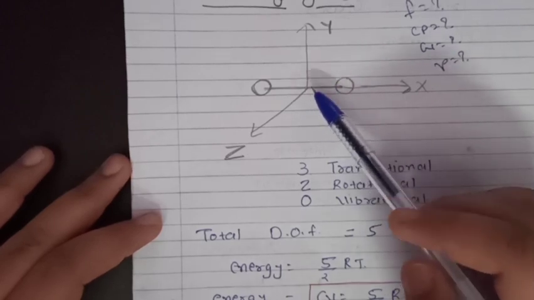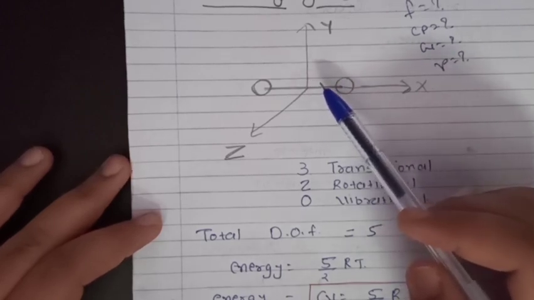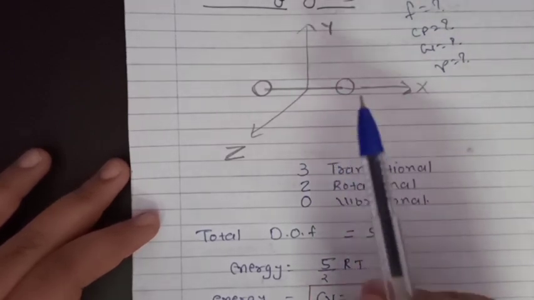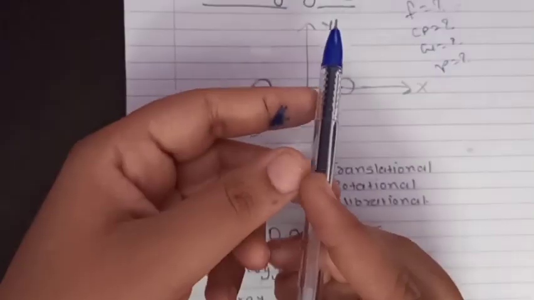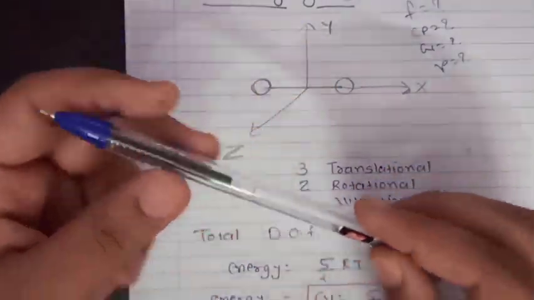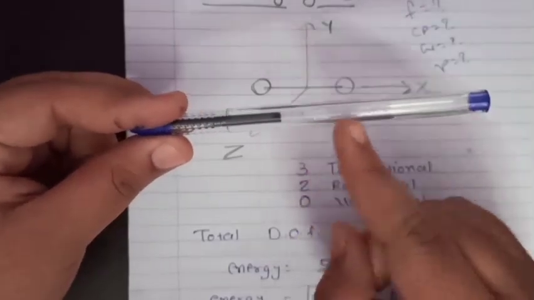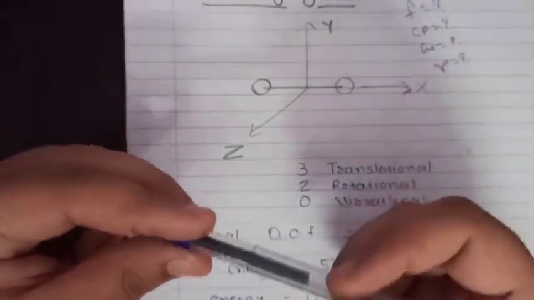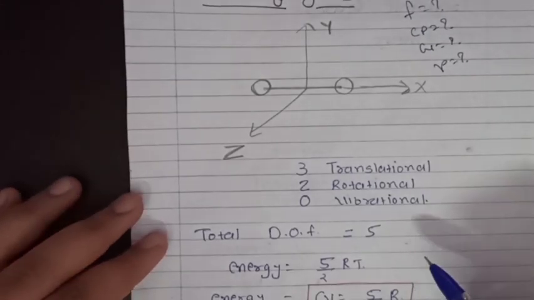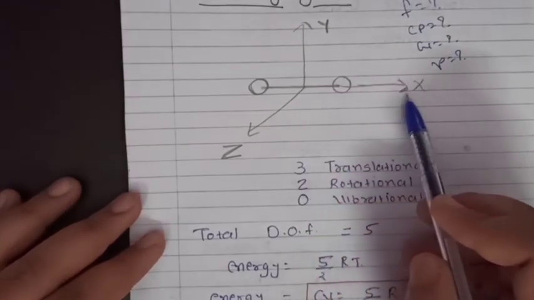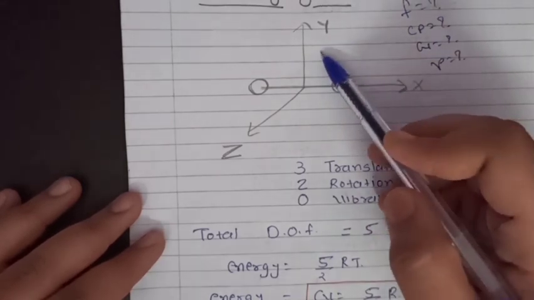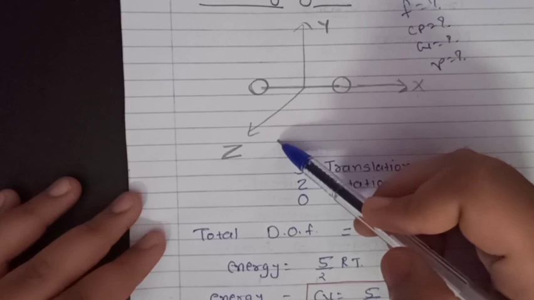Now, if it is rotating about the z-axis, z-axis is in this direction. If it is rotating about the z-axis, then it will rotate like this. In this case also, the distance is half of the bond length, and that is also considerable. So, for diatomic gas, we are not considering the rotational energy along the x-axis, but rotational energy along the other two axes is considered.